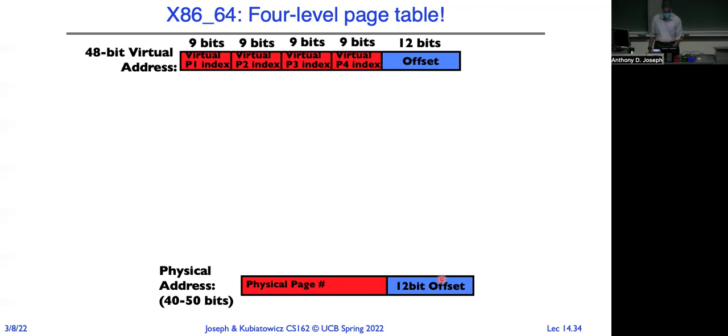Right? So I'm going to use the lower 12 bits for my offset. Now, because my page table entries are going to have to be bigger, because my physical addresses are going to end up being larger, now I'm going to have to go to 8-byte entries. So if I go to 8-byte entries and I have 4-kilobyte pages, how many entries do I have?